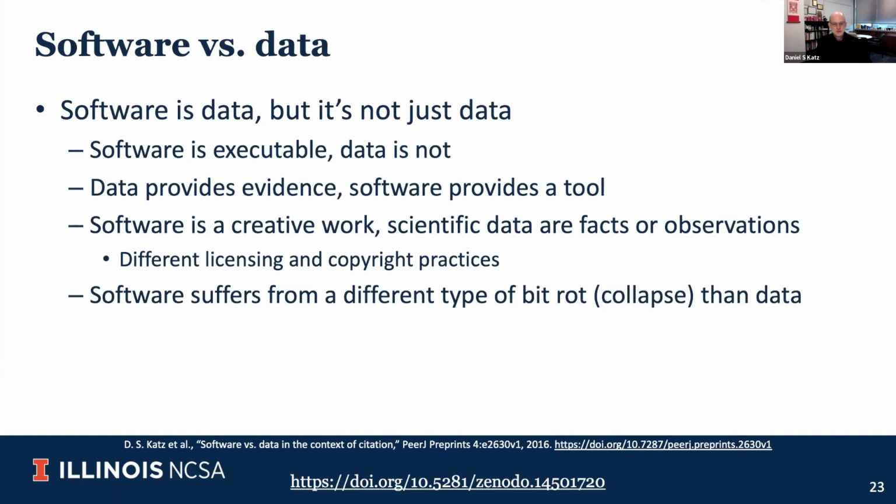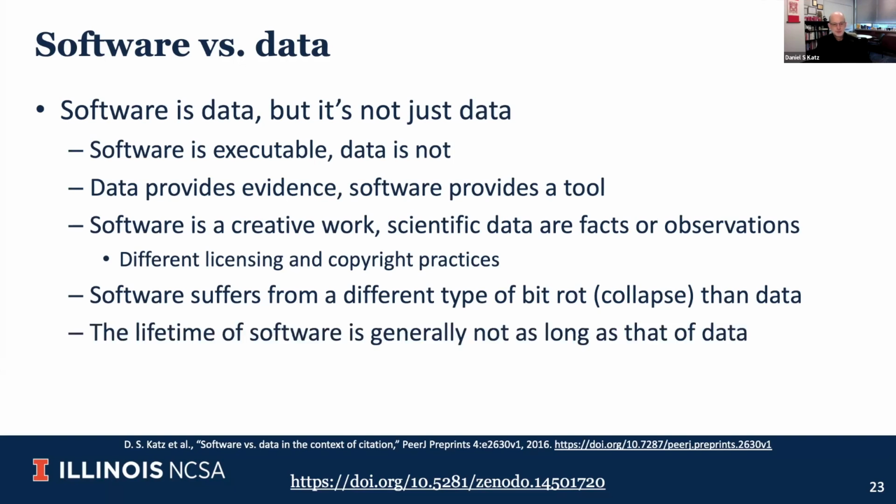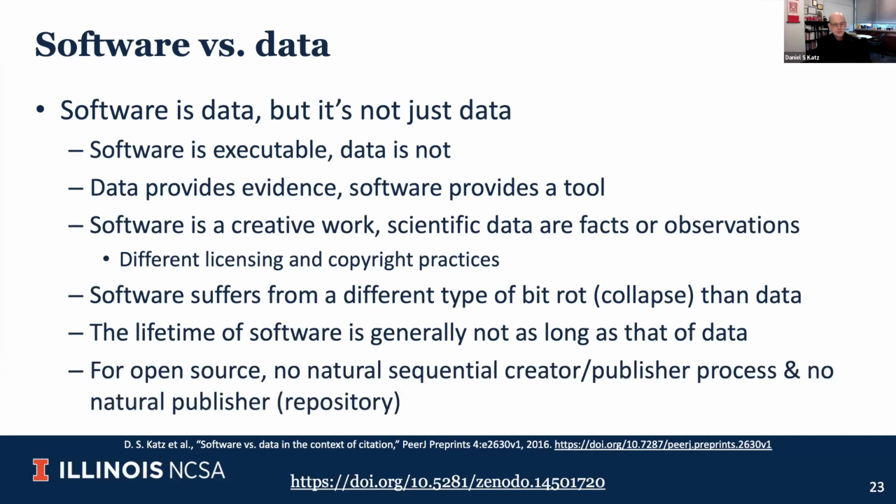Software suffers from collapse, which is different than the bit rot that data suffers from. The lifetime of software is generally not as long as that of data. And maybe most importantly, for open source software, there is no natural sequential creator and publisher process, and there's no natural publisher.